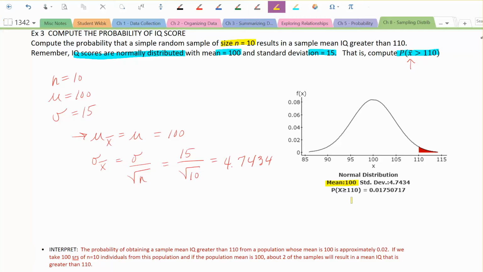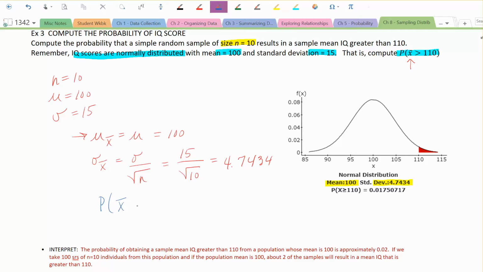IQ scores are normally distributed, so if I were to go out and sample, let's say 1,000 different times, repeating this sample of size 10, then the mean of those samples would also have to be 100. I know that if my sample was of size 10, the standard deviation of my sample means is going to be about 4.74.